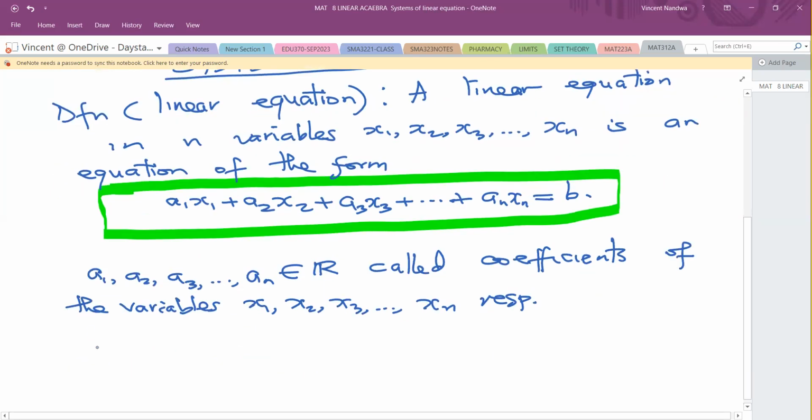Number B is also a real number, called the constant term.